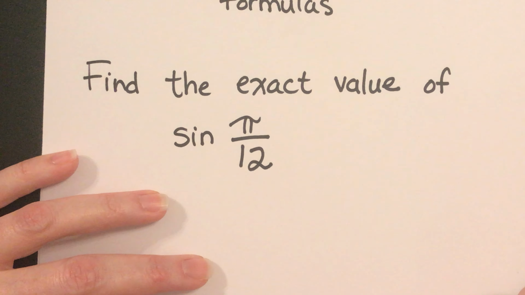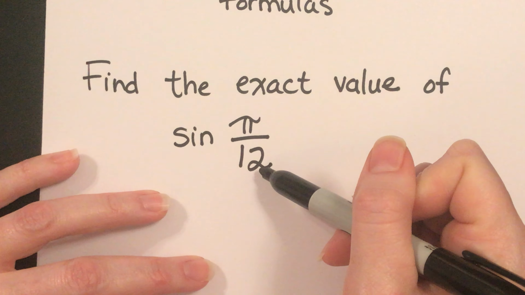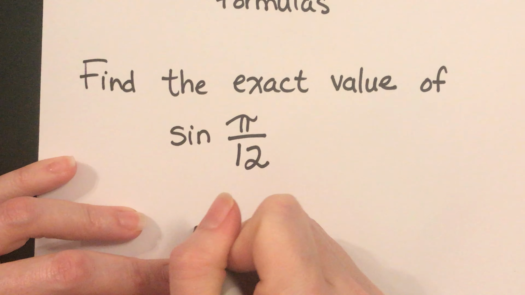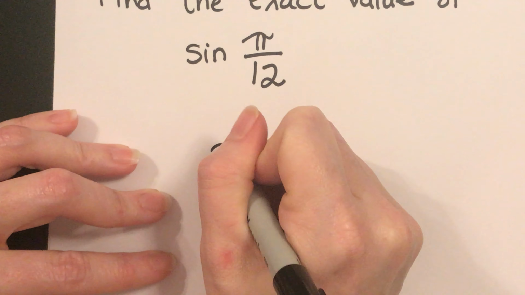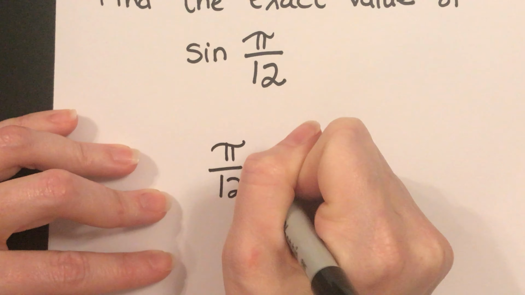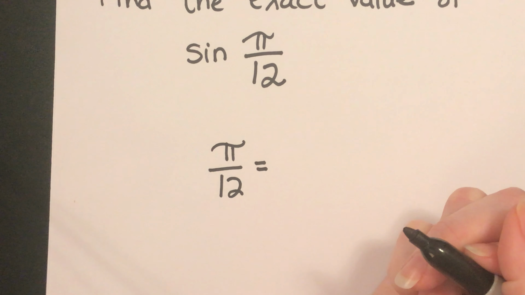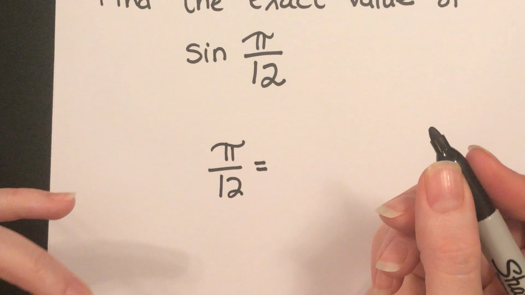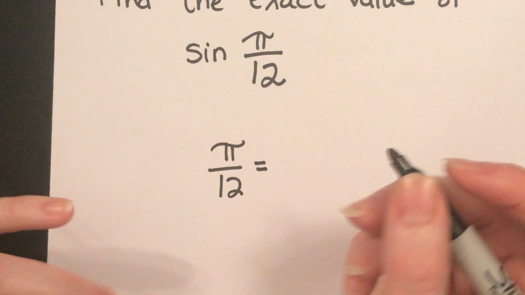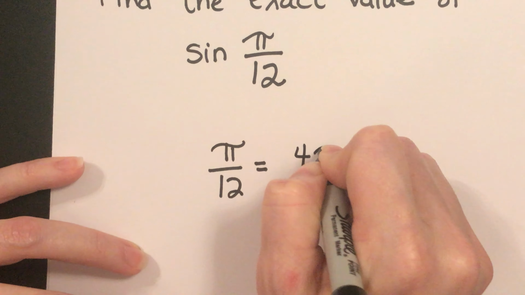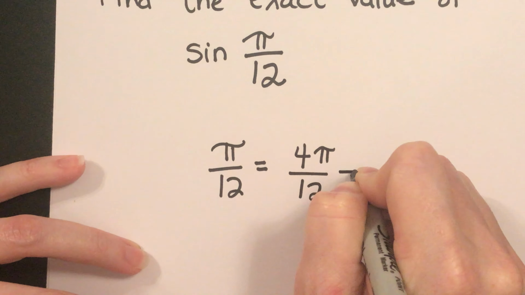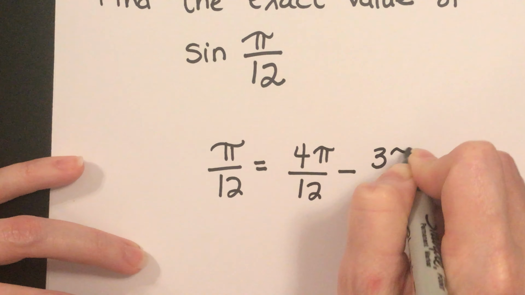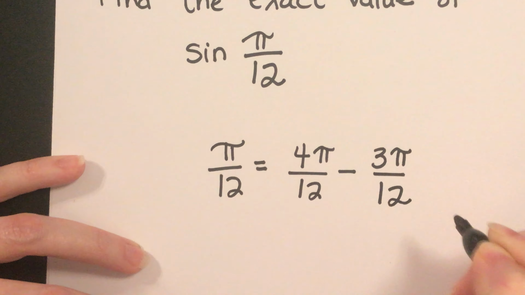So this is 1/12. 1/12 could be written as 4/12 minus 3/12, right?